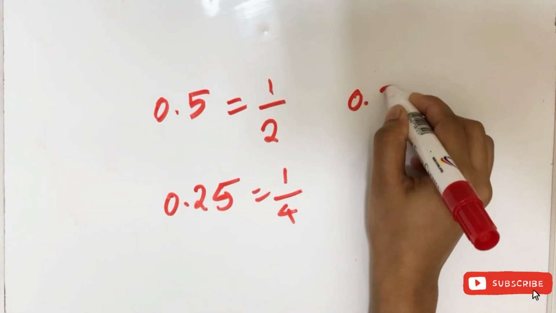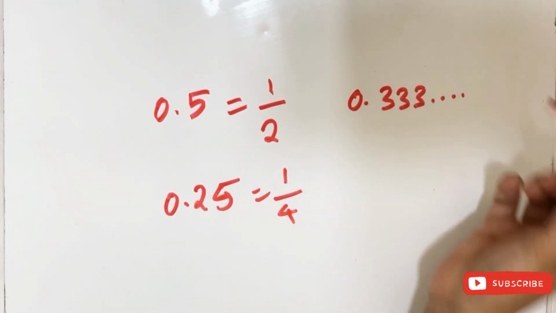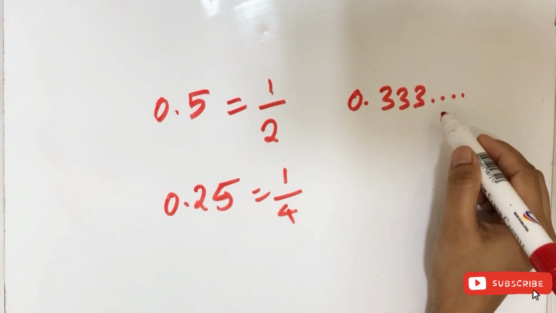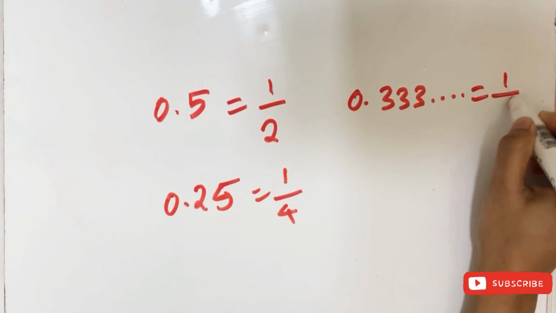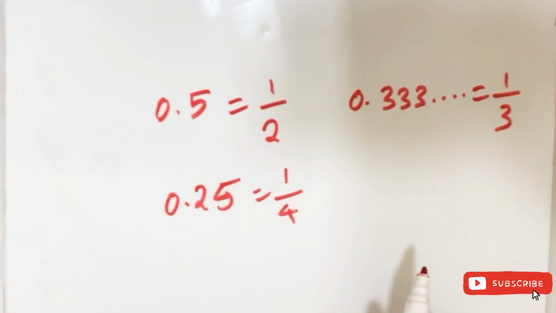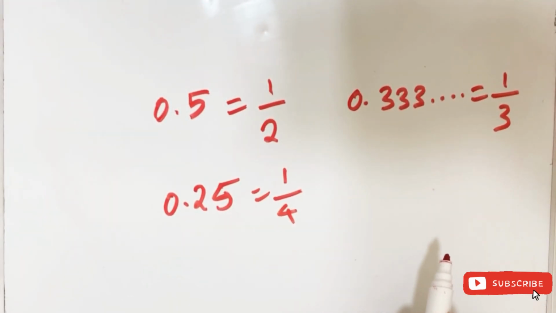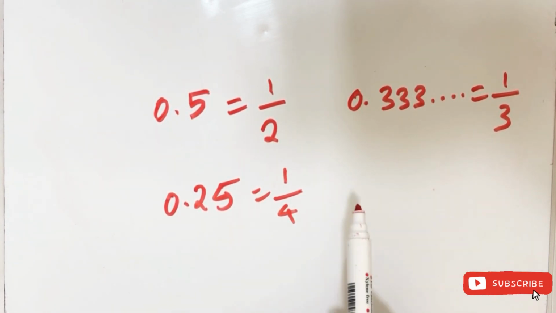And 0.333 etc.? Is this a rational number? Yes, this is also a rational number. This is 1 over 3. So we can see how to write these decimal numbers in rational number form, a numerator by a denominator form.